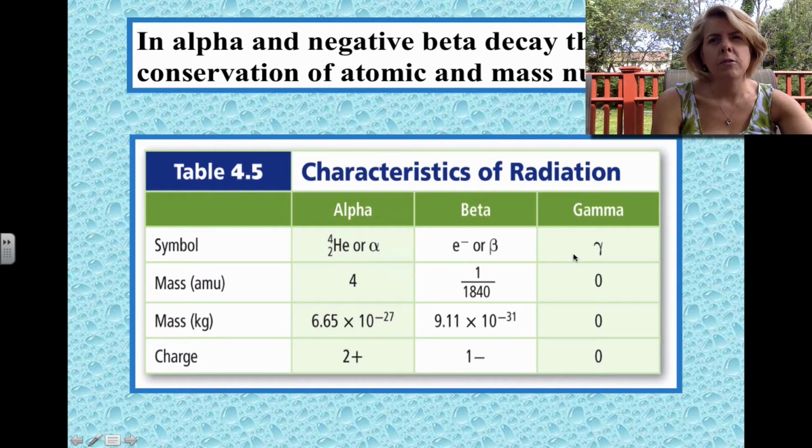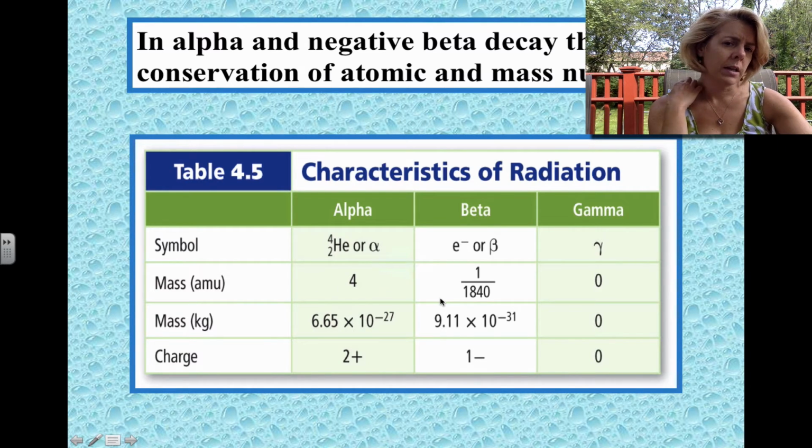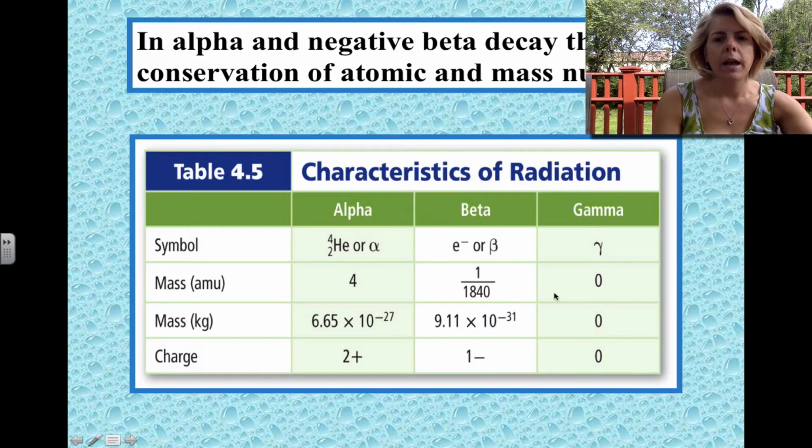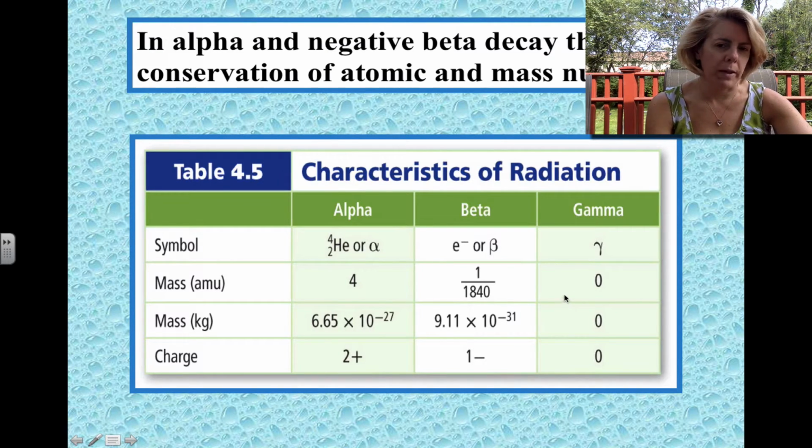Okay, it's just pure energy. So alpha has mass of 4, beta is 1/1840th of an AMU, sorry. And then gamma is massless. So gamma has no mass. Notice that the charge for alpha is a 2 plus, beta is 1 minus, and then gamma is 0.